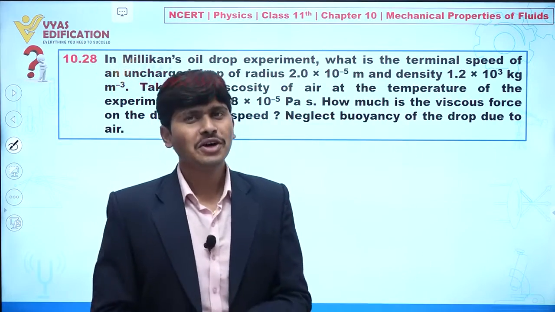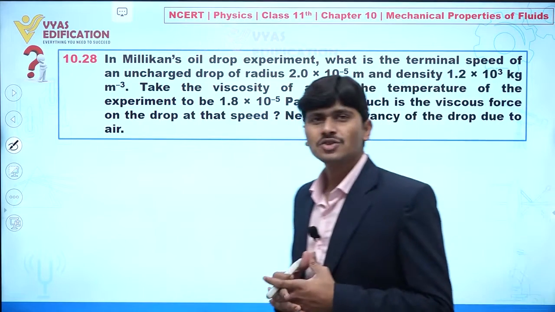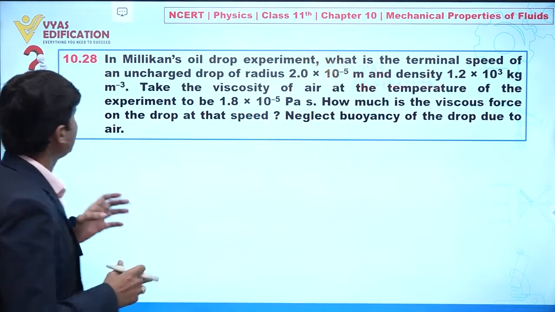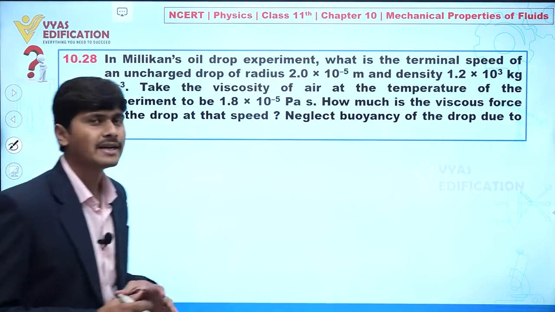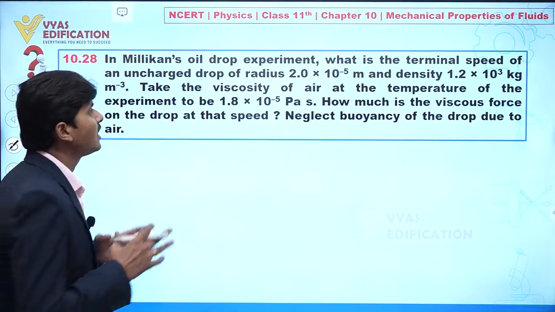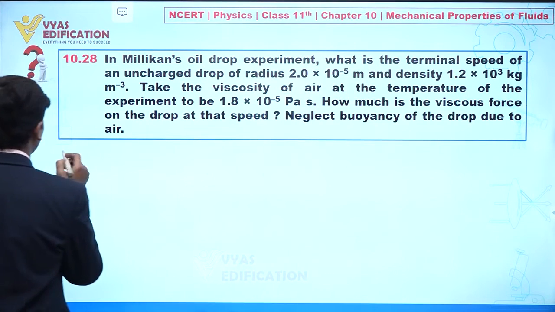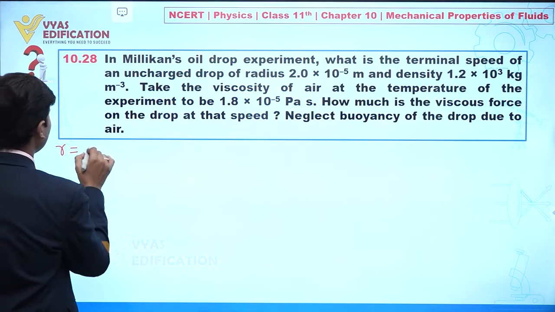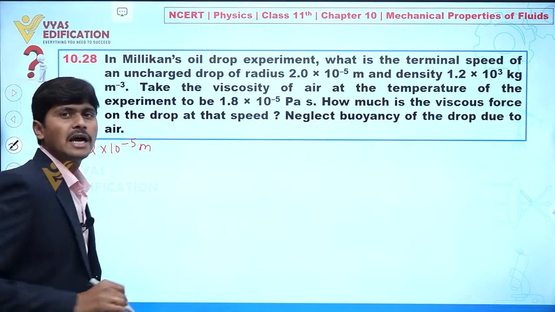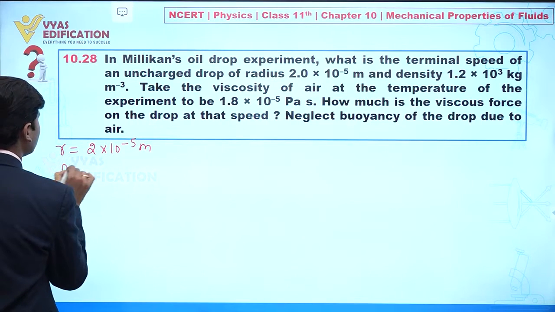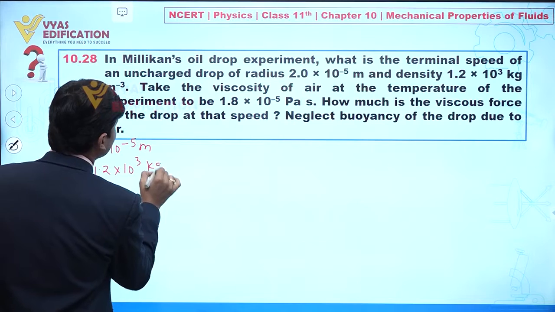Now dear student, we are going to discuss question number 10.28. In this question it is given: in Millikan oil drop experiment, what is the terminal speed of an uncharged drop of radius and density? The radius r is 2 into 10 to the power minus 5 meter, and the density rho is 1.2 into 10 to the power 3 kilogram.